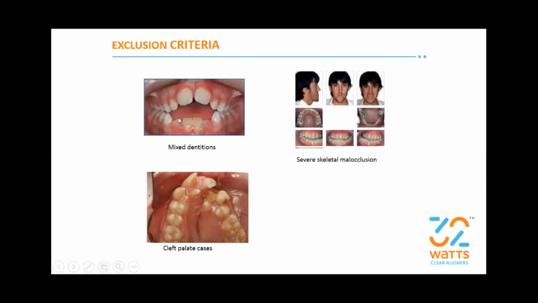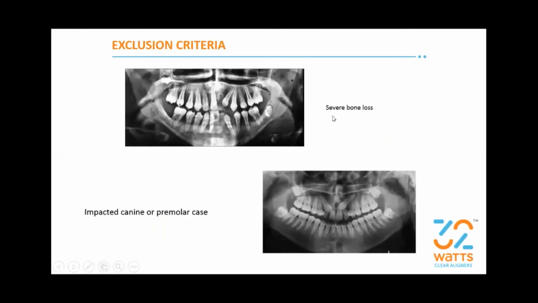If we have erupting dentition, then it should not be treated with aligners. Cases of clefts, cases of surgical and orthodontic combination or orthognathic cases, they cannot be treated with aligners. If we have severe bone loss, such cases are exclusion criteria, and impacted canines cannot be treated with aligners.